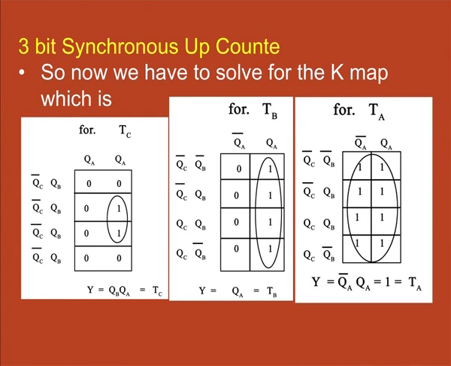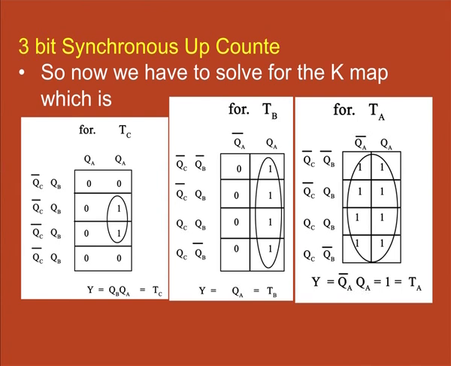Similarly, for TB we can write the K map in the following way, where the horizontal column is represented by QC bar QB bar, QC bar QB, QC QB and QC QB bar, and the horizontal rows are QA bar and QA. If we solve this K map, we will get y equal to QA, and that is equal to TB.